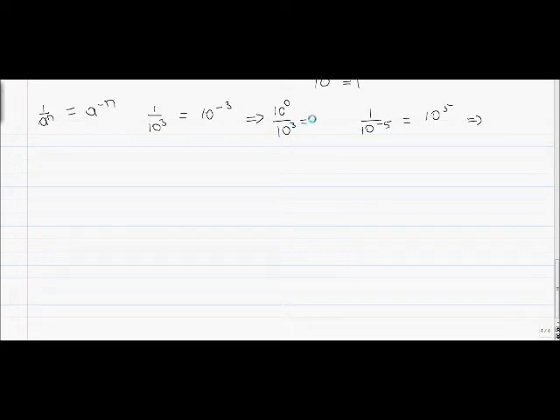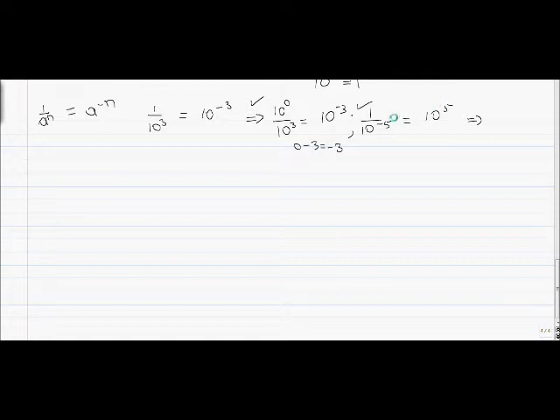And now we just use the previous rules that we talked about, division of exponential notations. So we got 10, and we just subtract exponents. 0 minus 3, the answer is negative 3. And this is exactly what we wrote down. Notice that the answer is absolutely the same.